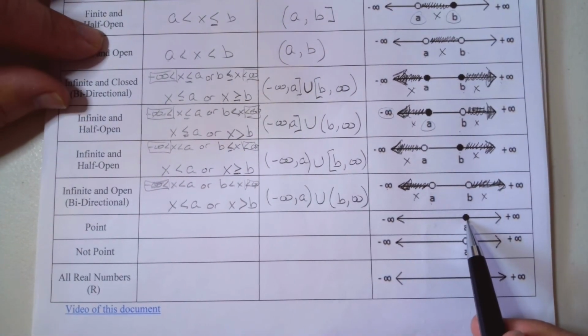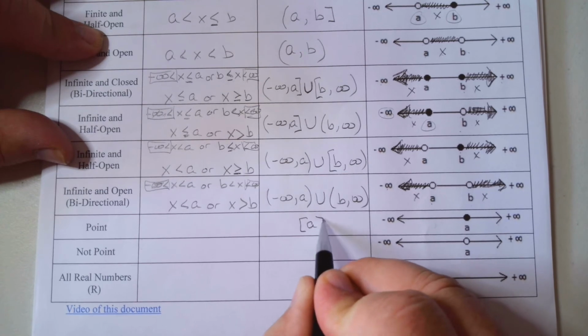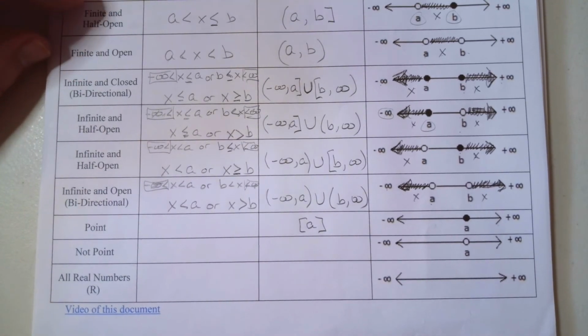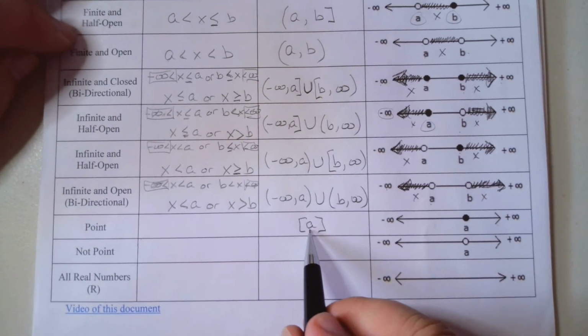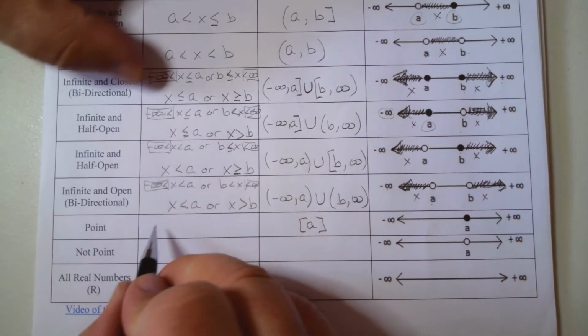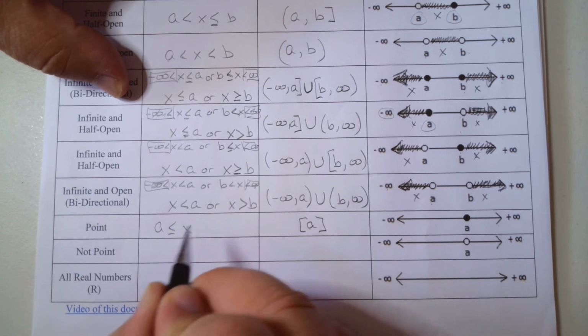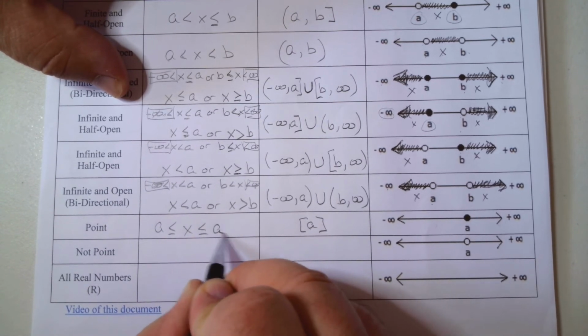Now, if you just have a dot, it would be represented as that. You can include a. That's all you can do. Or x is between a and a.